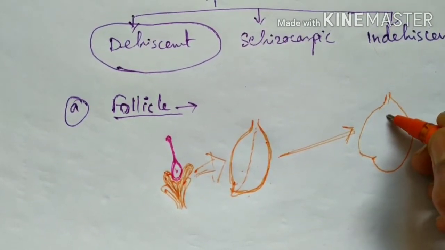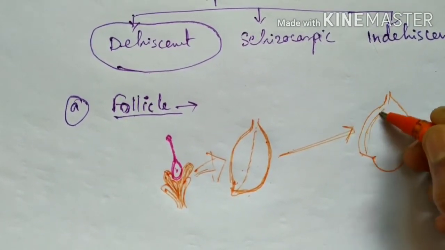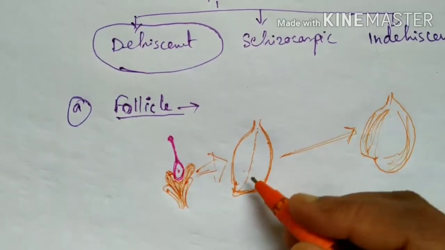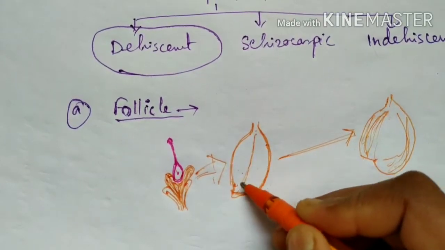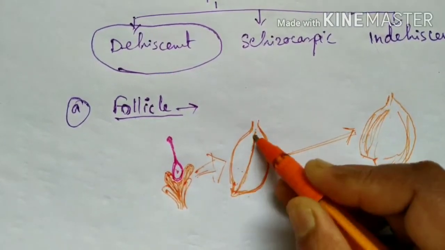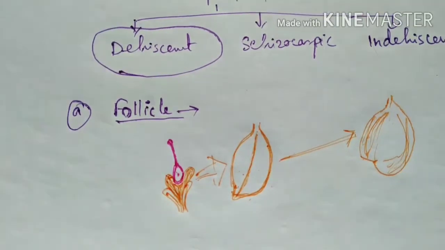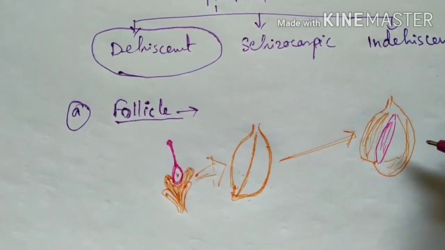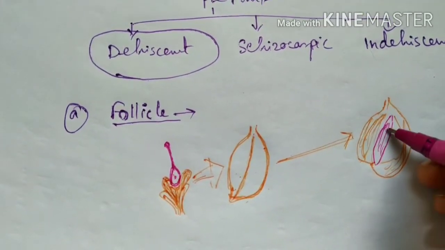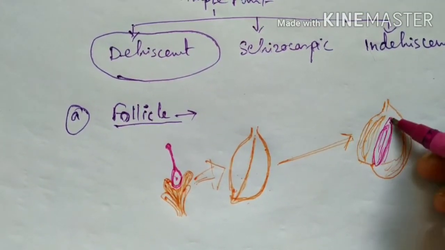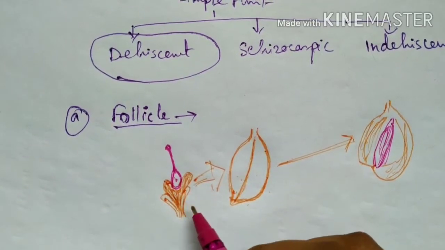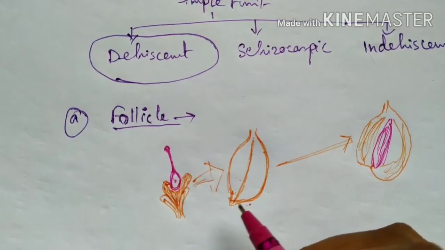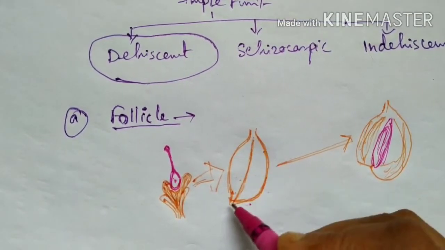This is the pericarp, this is also pericarp, and it breaks through this ventral side, and here the seeds are present. So when the fruit ripens and breaks through the ventral suture, this is called follicle type fruit.